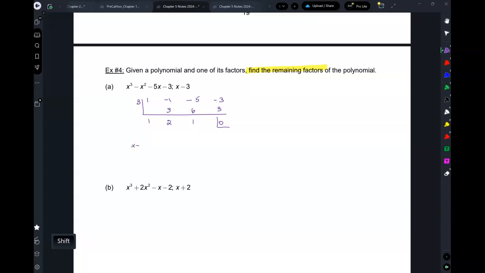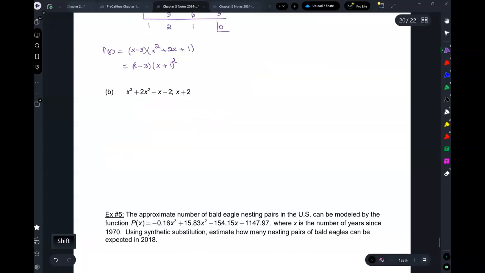So this is going to be x minus 3 times x squared plus 2x plus 1. How do I factor this? X plus 1 squared. Somebody always asks, is it okay if I write x plus 1, x plus 1? This is an honors class, so I would like you to recognize that this is x plus 1 squared. We want to recognize the patterns because that's going to be important later when we're finding repeated roots and so on.